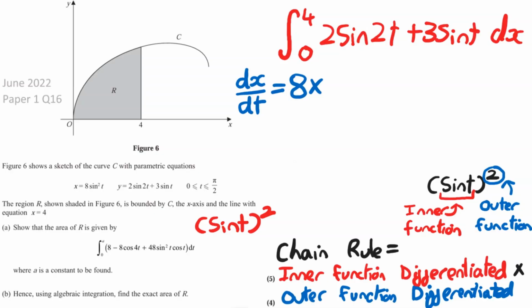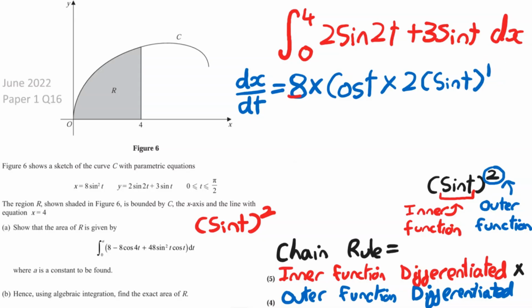The inner function differentiated is sin t differentiated, and remember when you differentiate sin you get cos, so this is cos t, multiplied by the outer function differentiated. When you differentiate a power of 2, the 2 comes down as the coefficient, so it's 2. Remember, we don't touch the inner function when we differentiate the outer function, and now it's to the power of 1 instead.